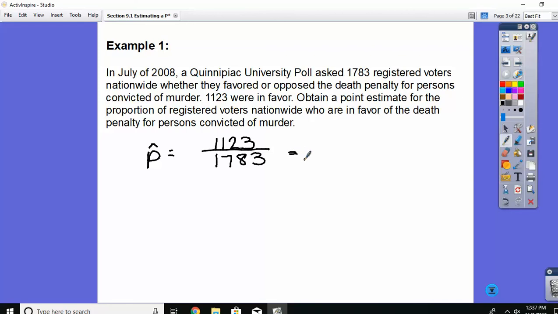And so we get a point estimate of 0.6297. I didn't say how many decimal places. If I asked you to explain this, what would you say? 62.97% were in favor.